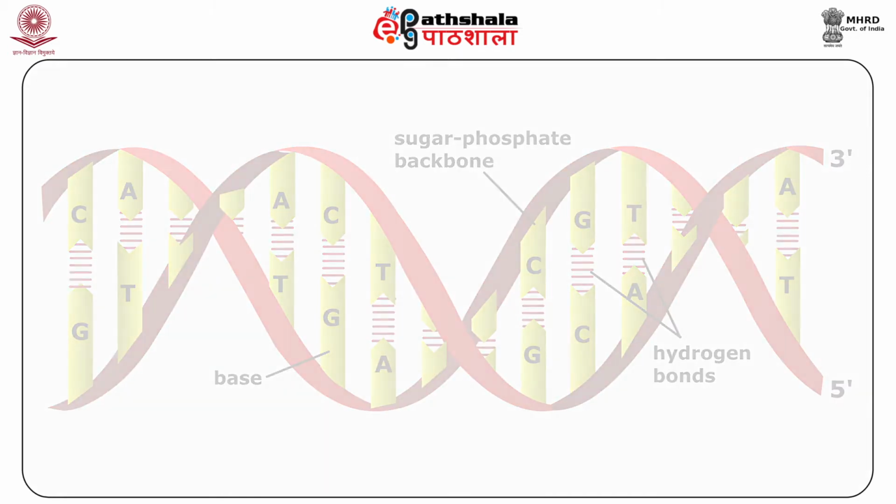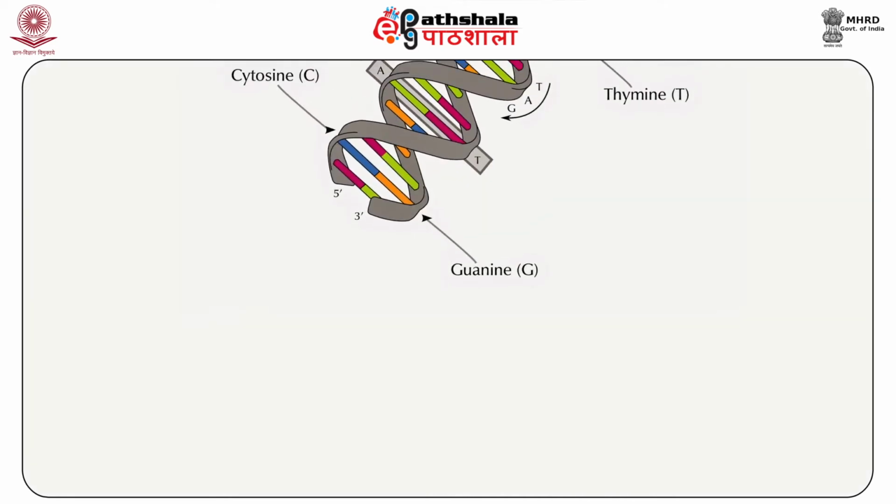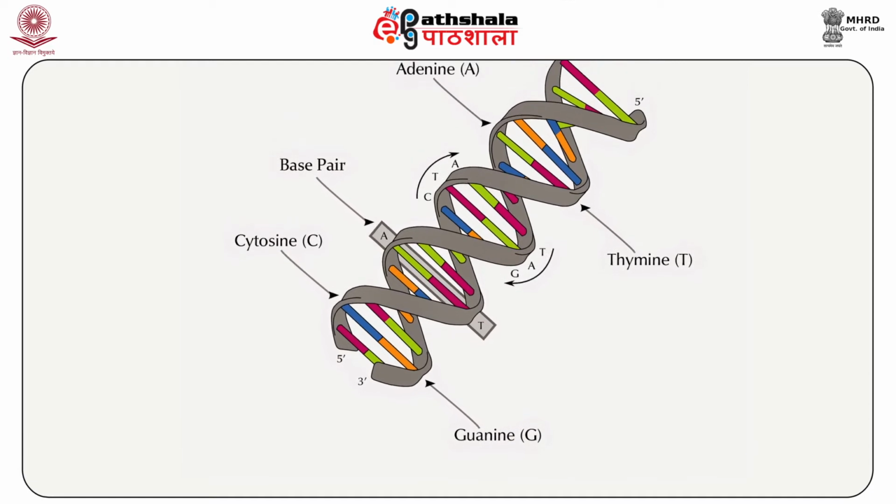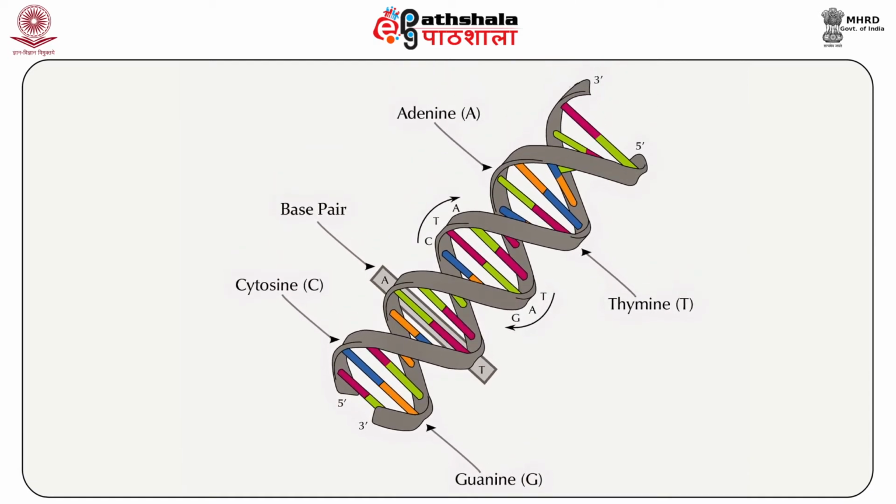The four types of nitrogen bases found in nucleotides are adenine, represented by A, thymine, represented by T, guanine, represented by G, and cytosine, represented by C. The order or sequence of these bases determines what biological instructions are contained in a strand of DNA.